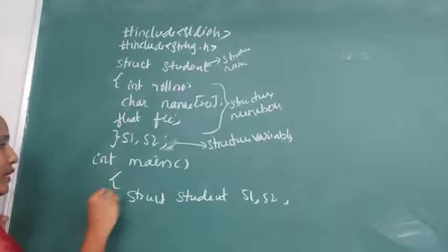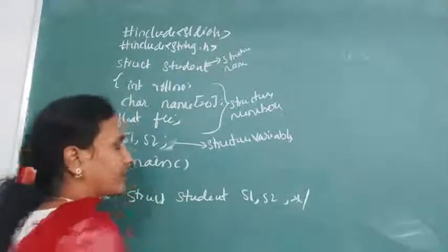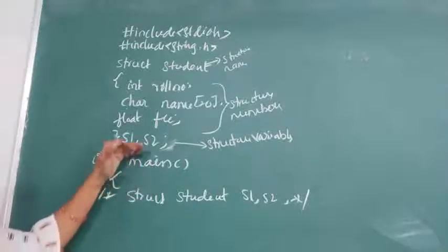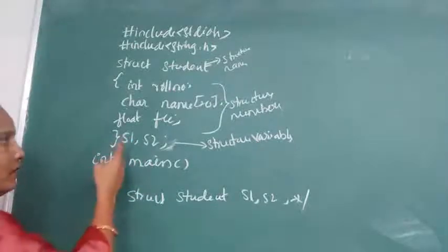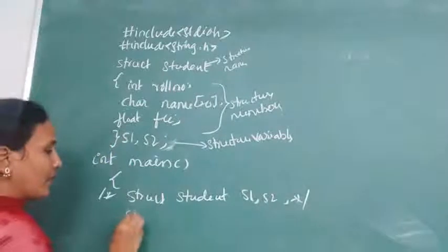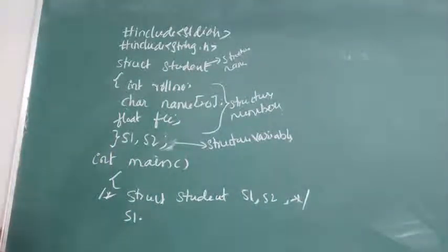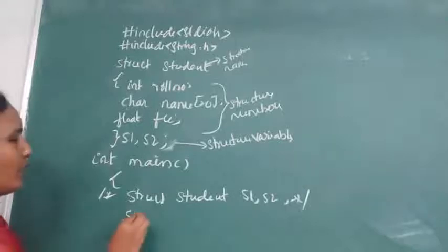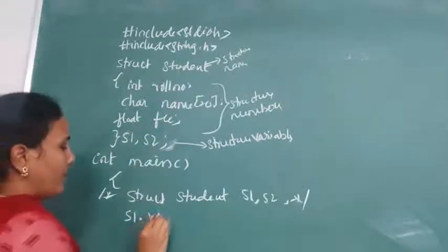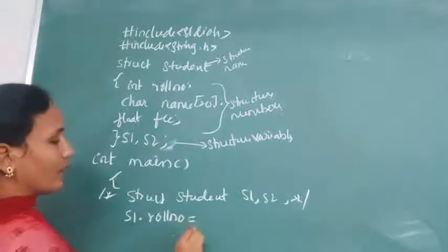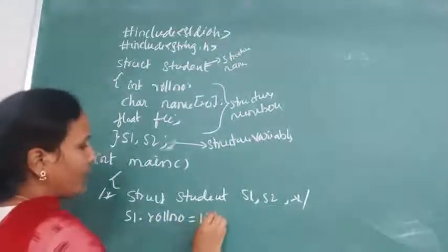Now this I am putting in a comment line, because I already declared these two before the main function. Now S1. First one, S1 dot roll number equals, example 10.